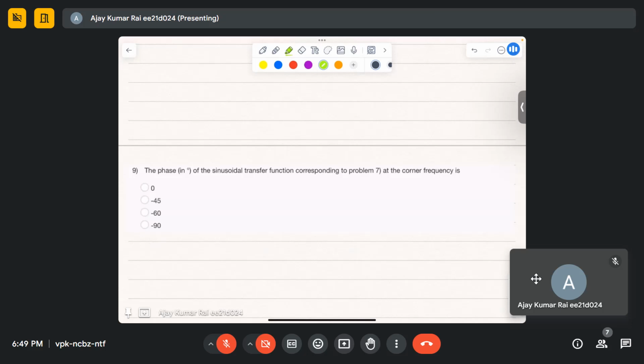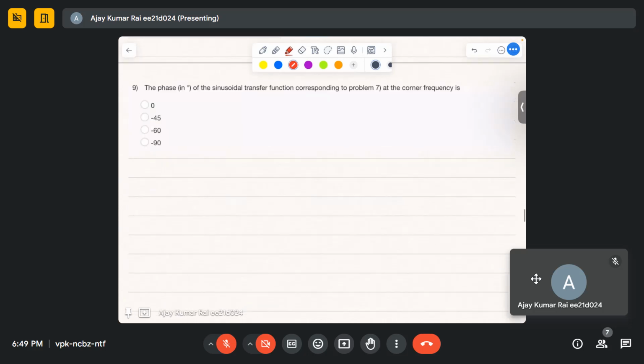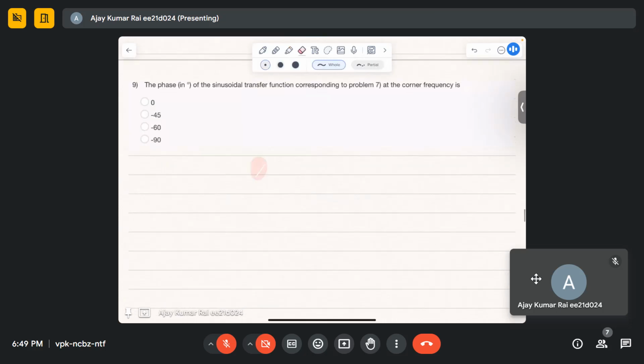The phase of the sinusoidal transfer function corresponding to problem 7 at corner frequency. We have to find the phase at corner frequency. So what is our transfer function? 1 by 2s plus 1.